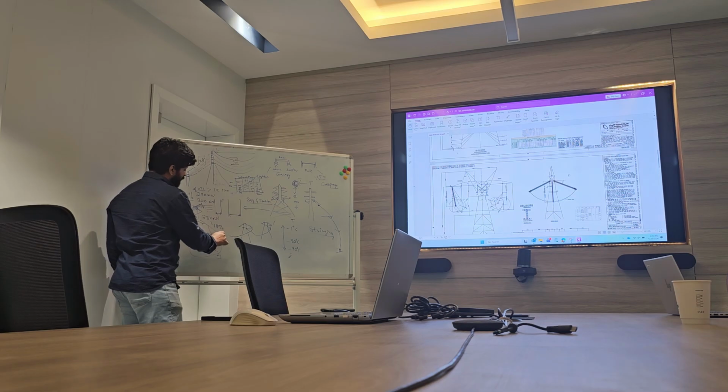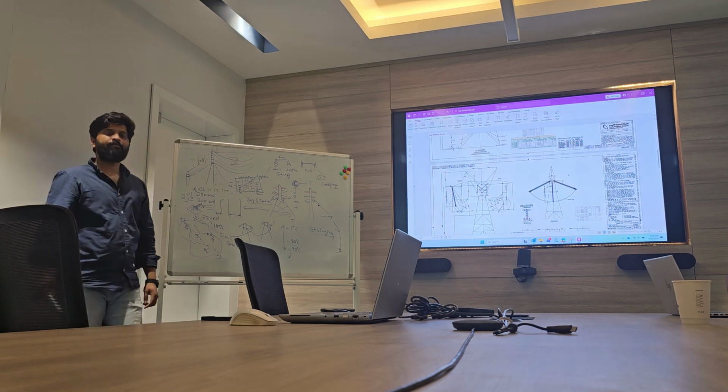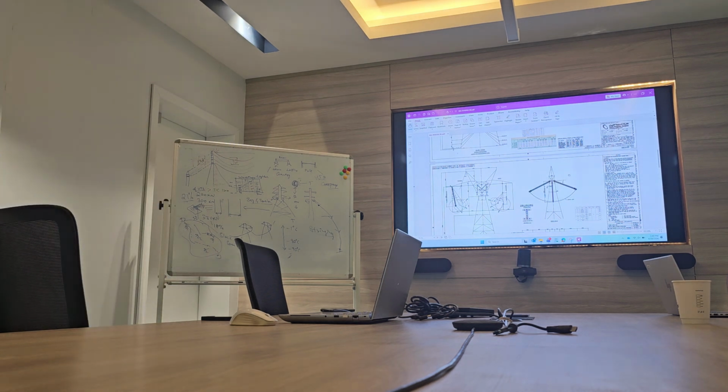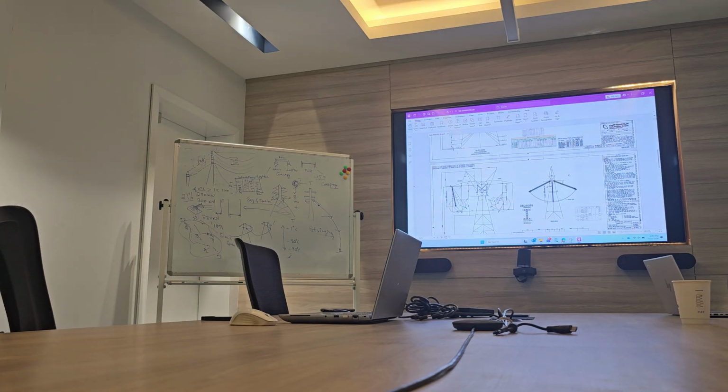This is called slack span. So this slack span is only between gantry and tower.